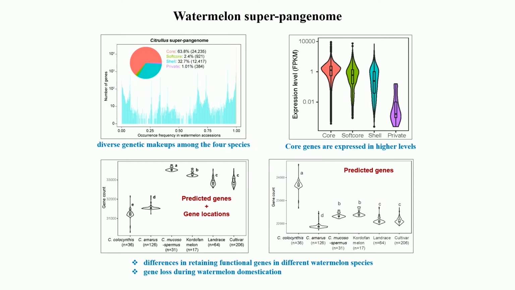But when you also include the gene locations, then Colocynthis has much less gene content. That means different species retain different numbers of functional genes. In Colocynthis, they retain many more functional genes, but in other species, the genes were mutated and became non-functional.